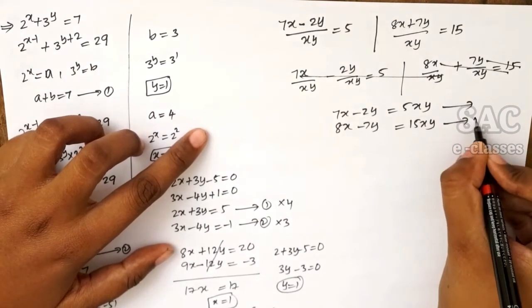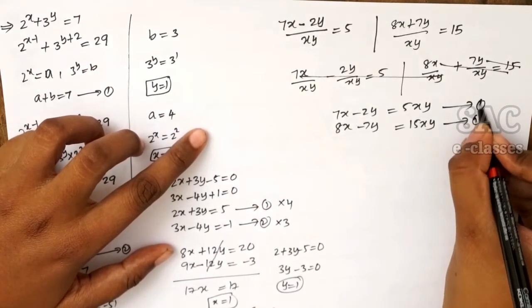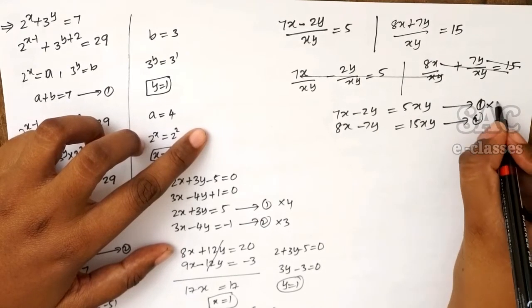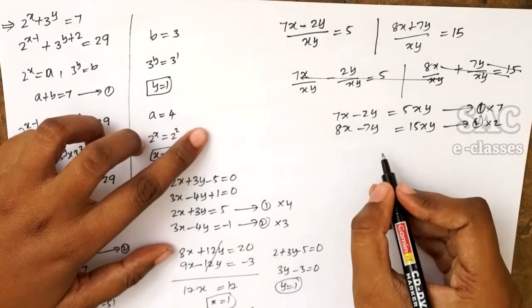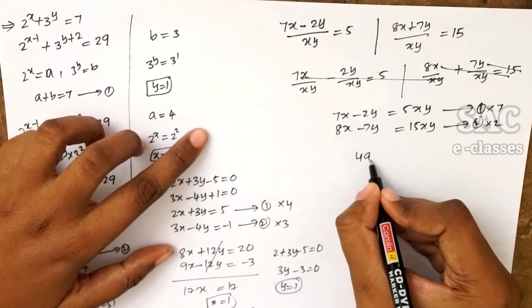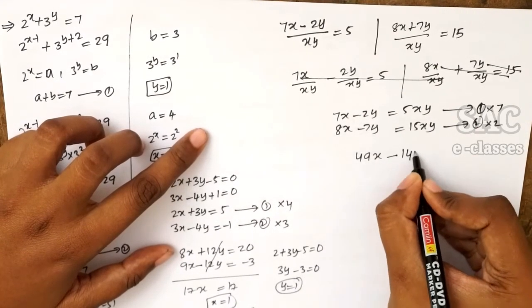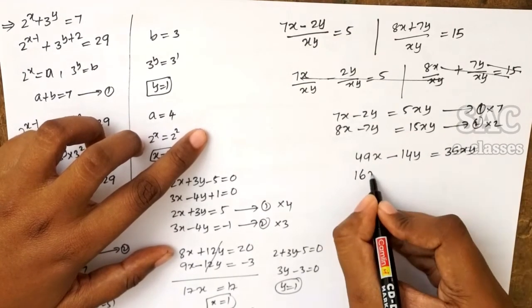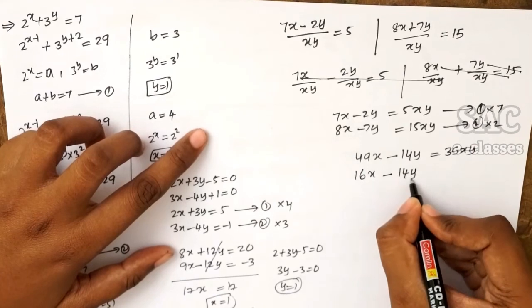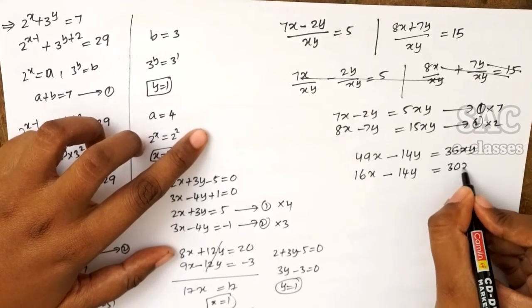Think of it as equations 1 and 2. By multiplying with 7 and with 2, we can eliminate the y term. 49x minus 14y is equal to 35xy. 16x minus 14y is equal to 30xy.